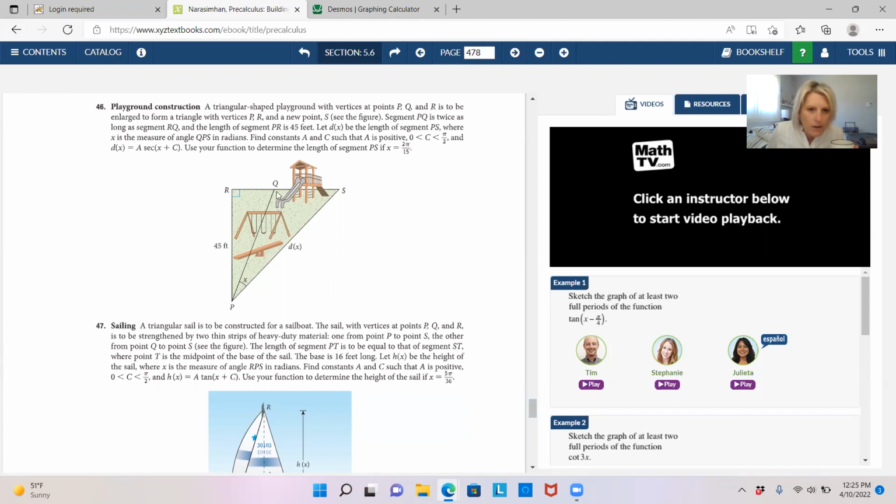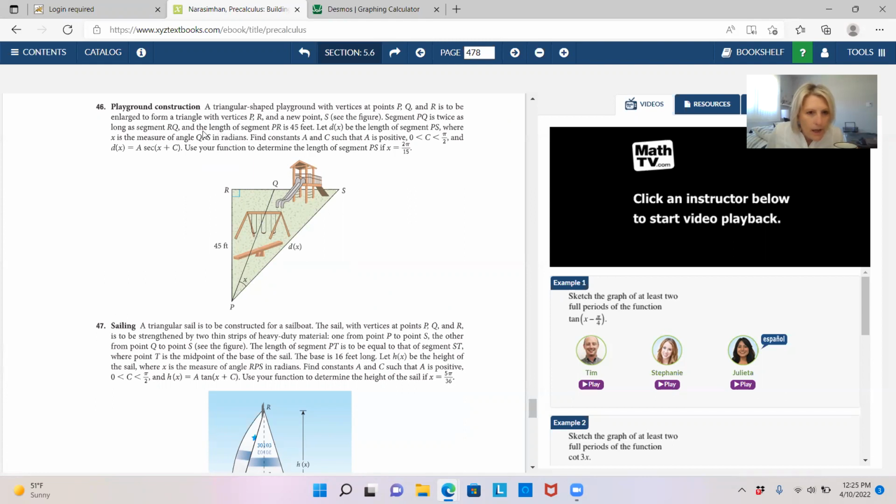So we have this triangle. There's actually 2 triangles here. There's the RPQ triangle, and then there's the RPS triangle. Okay. So one thing that they said was unique is the segment P to Q. So P to Q is twice as long as R to Q. Okay. So that's going to tell us it's going to be a 30, 60, 90 triangle.